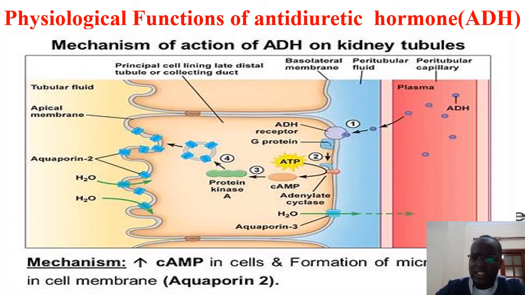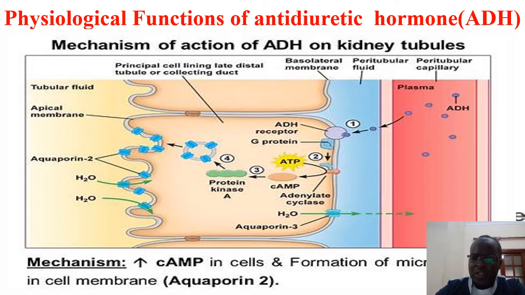In the kidneys, it will leave the capillaries to enter the interstitium, and then it will bind to receptors on the plasma membrane of these epithelium cells. So it will bind to a G protein coupled receptor. You can see the G protein coupled receptor being activated once ADH binds there.